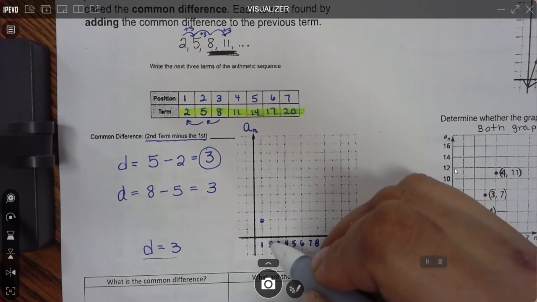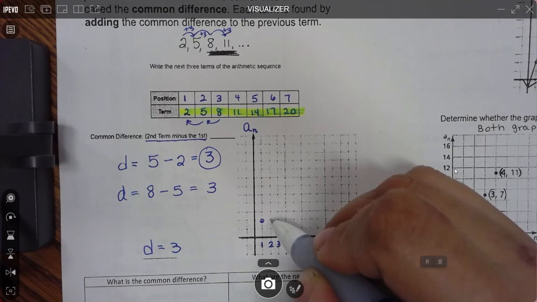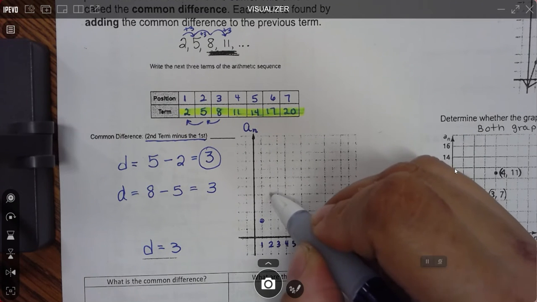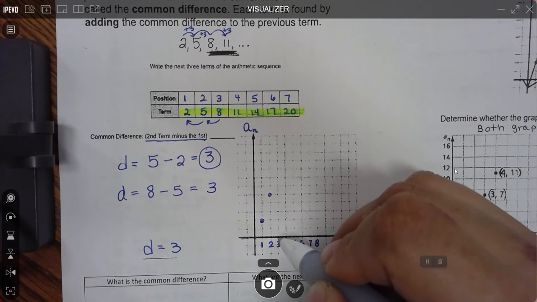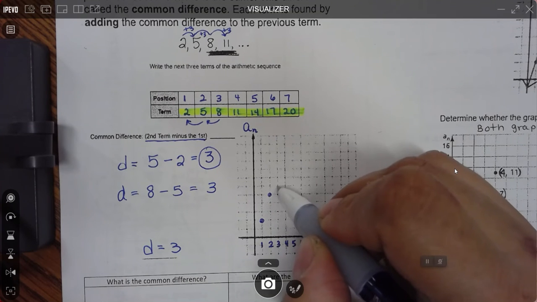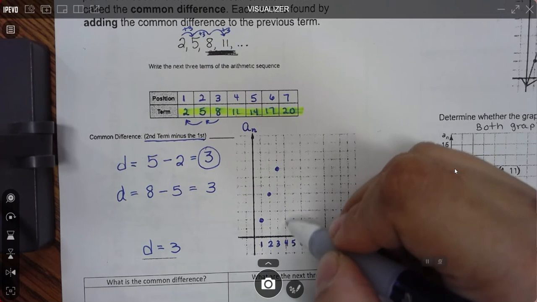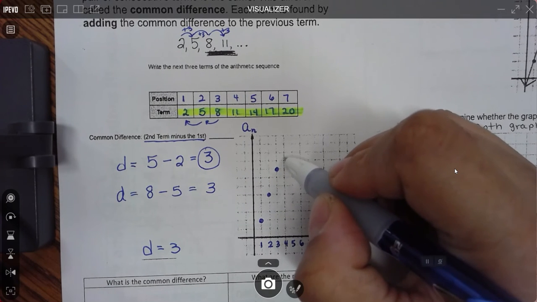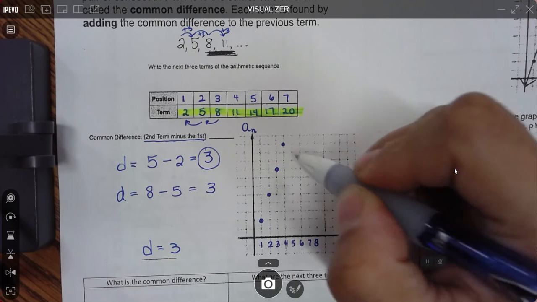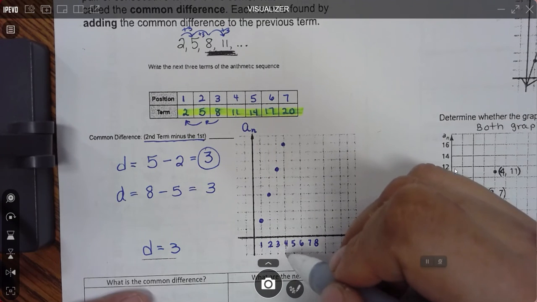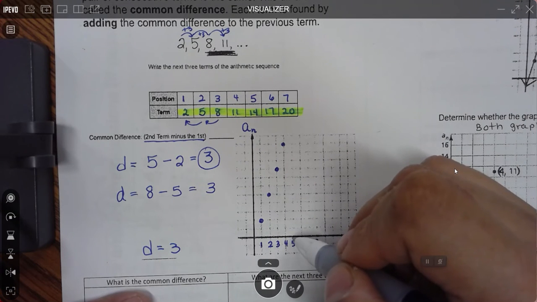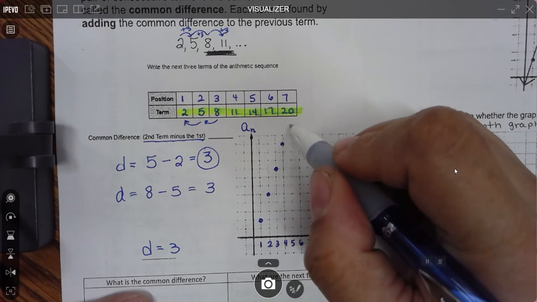The second term is 5. The third term is 8. Fourth is 11. The fifth one is 17, but it kind of looks like it's going to be off grid, right?